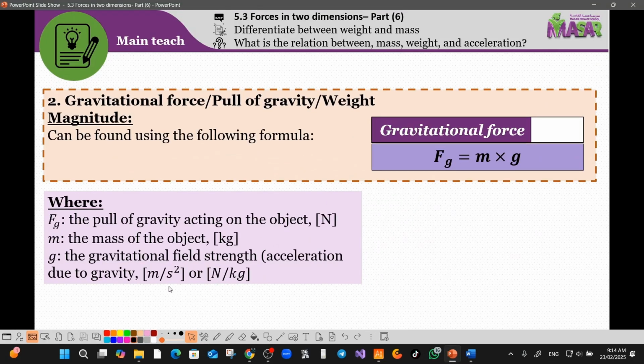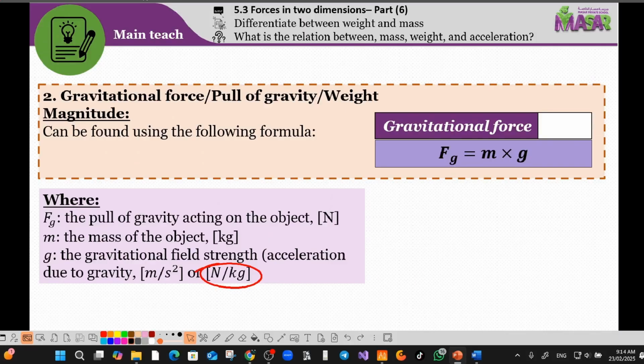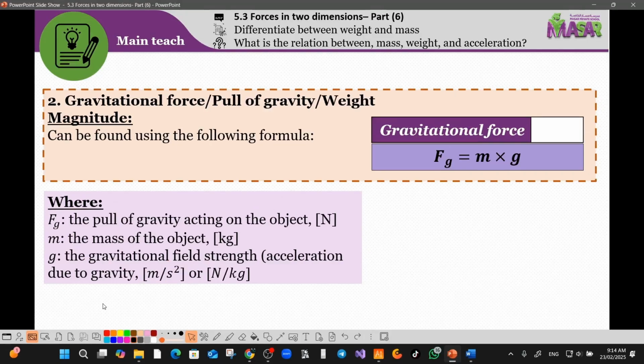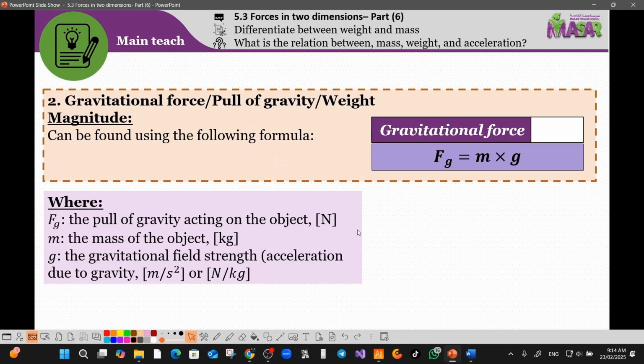So now we have two units to describe the same quantity, meter per second squared and newton per kilogram, and they are equivalent. So in a question, whenever I see this unit or that unit, it directly means it belongs to the g.